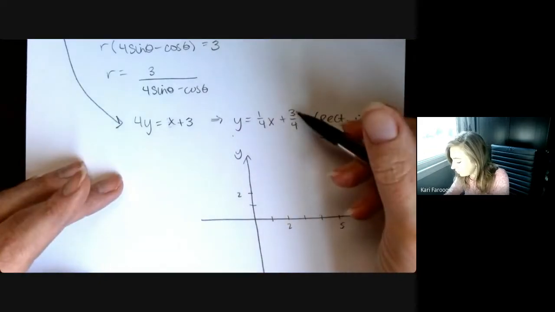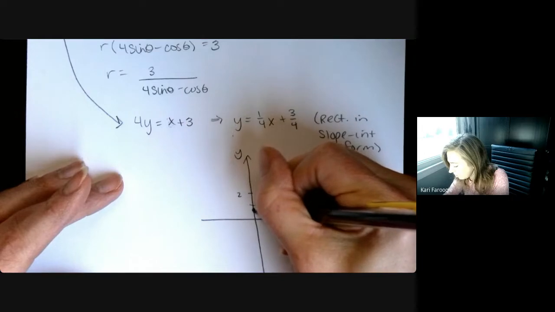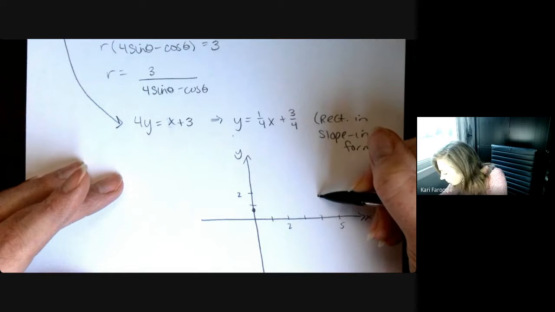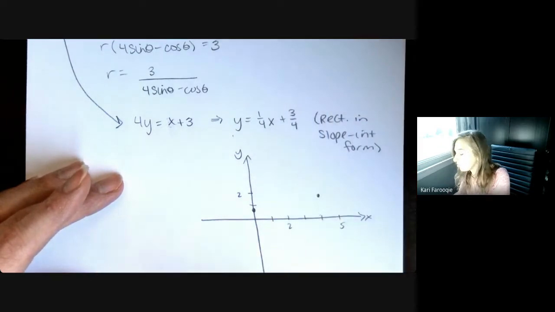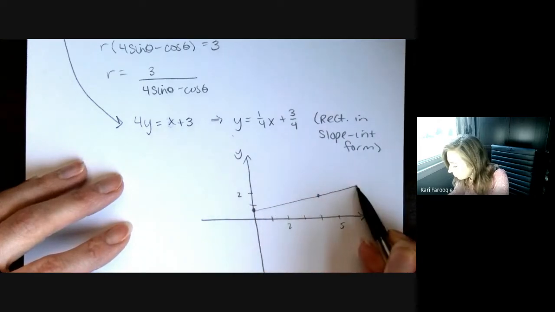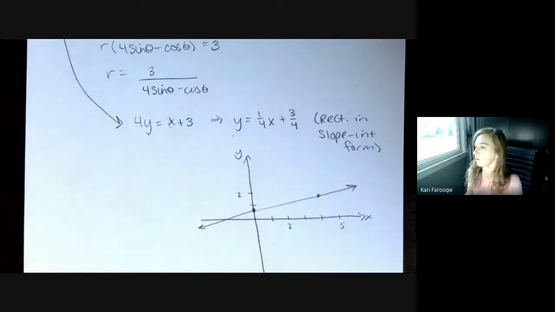So the y-intercept is 3/4. So I'm going to go approximately up here, and then I'm going to go up 1, right 4 to get me approximately right there. And you could, of course, get another point by going down the opposite direction. But it's a line, so all you need to graph it is just 2 points. And that's what it would look like.